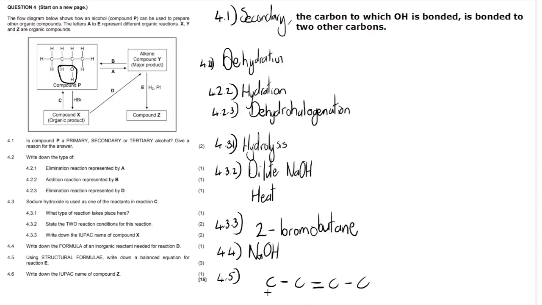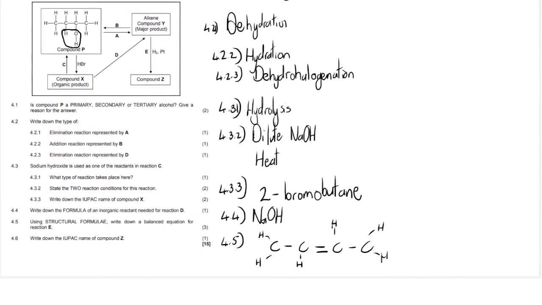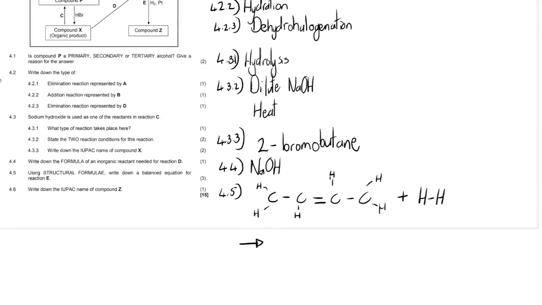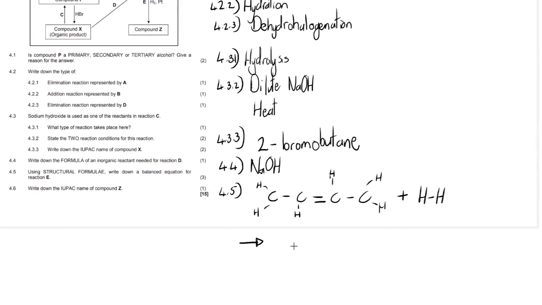Now we've got the hydrogens filling up the empty spaces, and let's make it nice and symmetrical. Beautiful. So we've got this butene reacting with 2 hydrogens, creating a product. The product created is going to be the same alkane, just without the double bond.